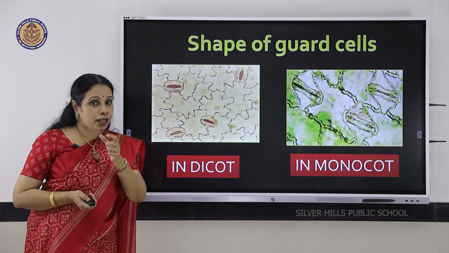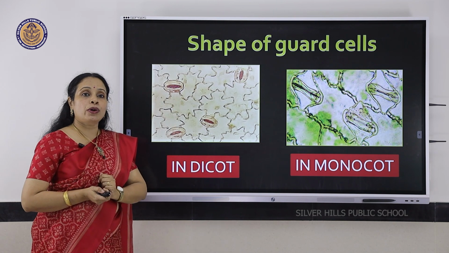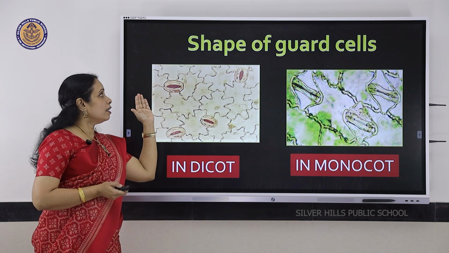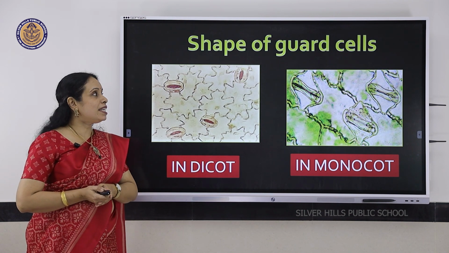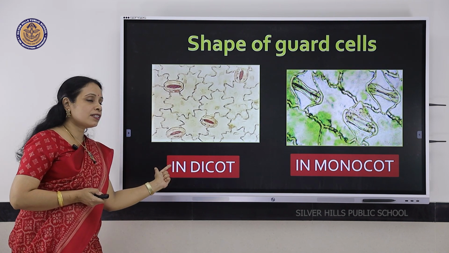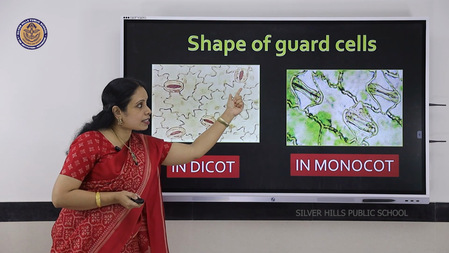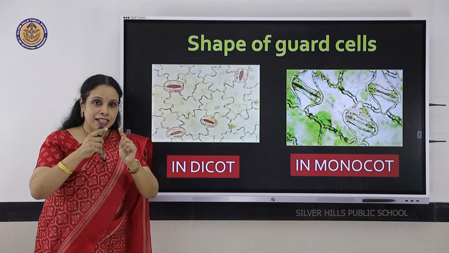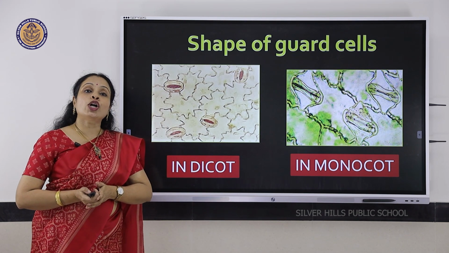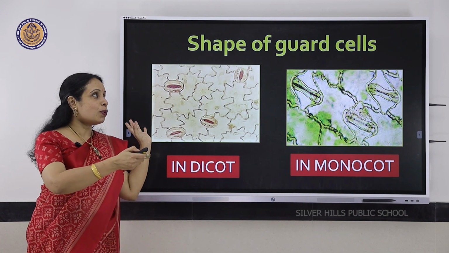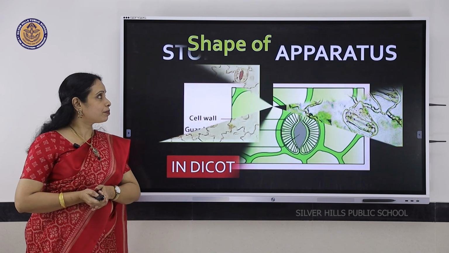Focus the microscope, the high power, and observe the two cells around that pore. So in this first case, you find they are kidney shaped or bean shaped, showing that it is a dicot leaf. But over there you can see they are long and dumbbell shaped. If that is so, then it's a monocot leaf. That's how you identify them, by viewing under a microscope.